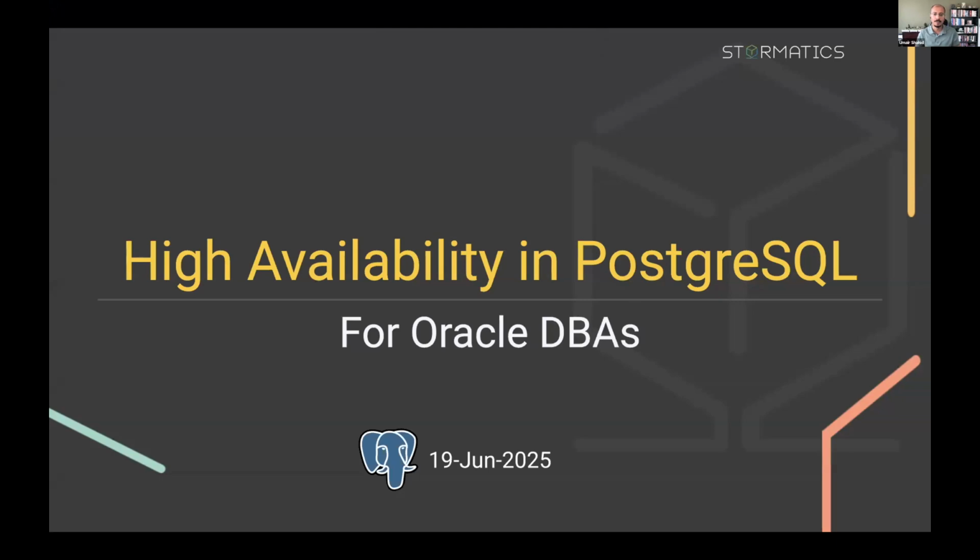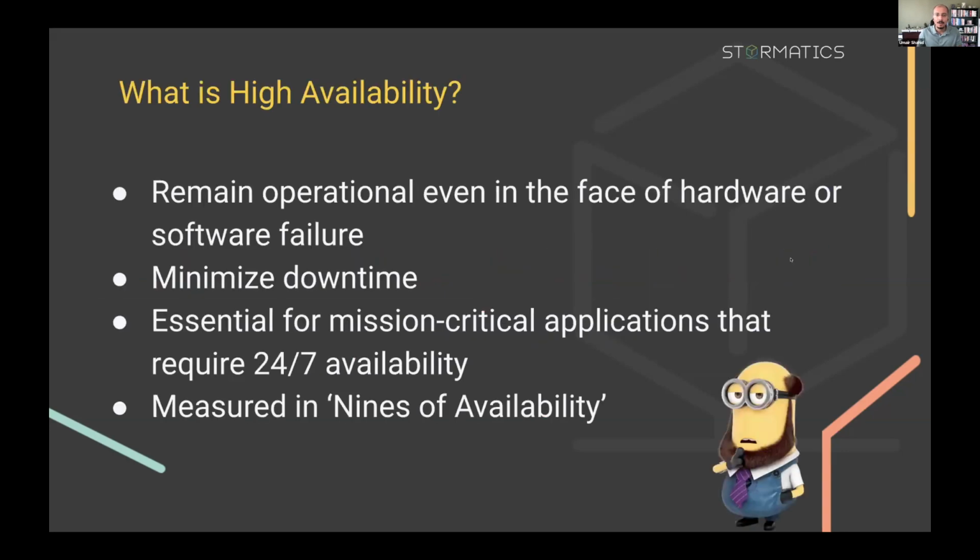Both of them are databases, but the technologies are somewhat different, and some of the terminologies might be a little different as well. So we figured that let's tackle that concept that is extremely important in any production database, and talk about how it works in Postgres. So when we talk about high availability, what exactly do we mean?